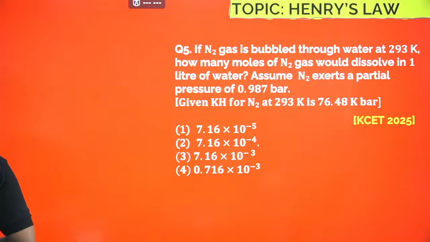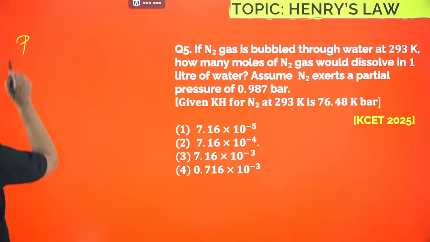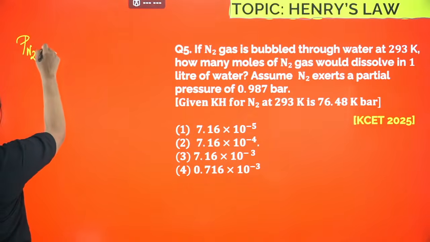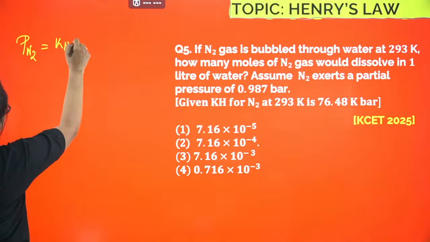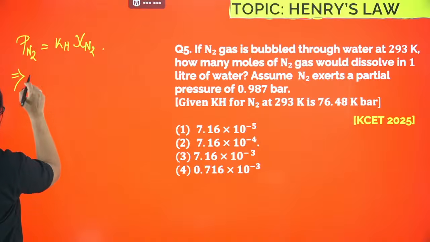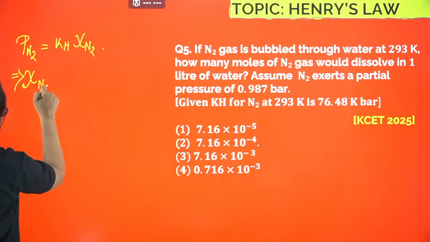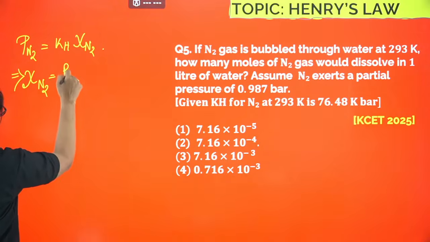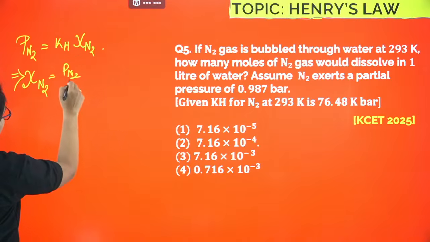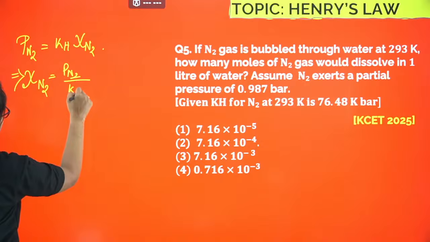For this type of question, what should I do? You can see, we will first calculate the mole fraction. Pressure of N2 is KH into mole fraction of N2. Everything is given, so from here we can calculate the mole fraction. Mole fraction of N2 is going to be pressure of N2 divided by KH, right?